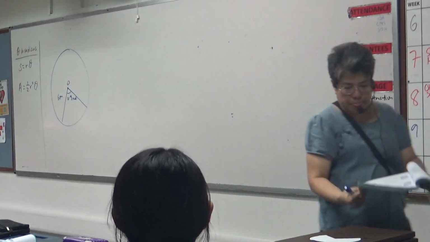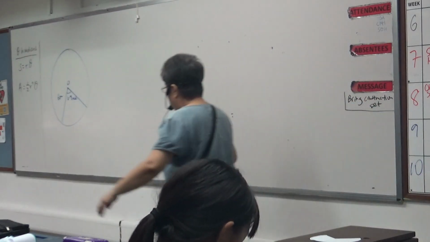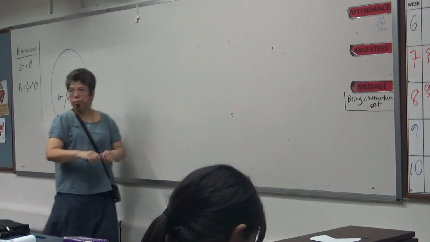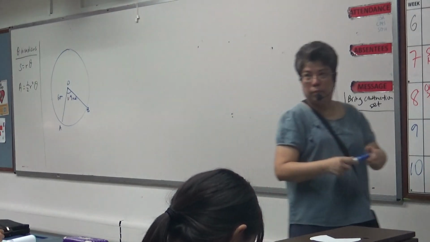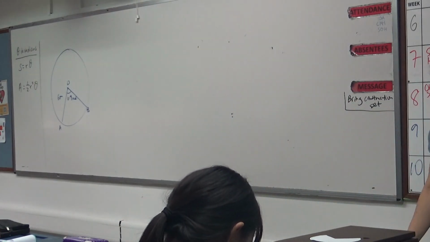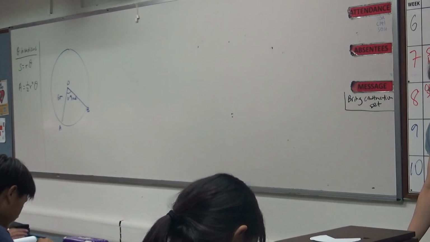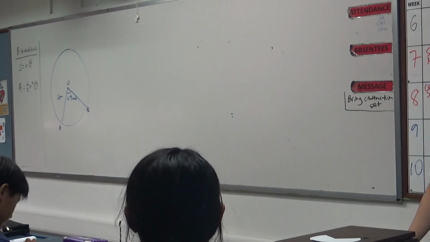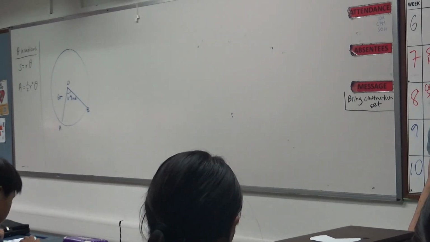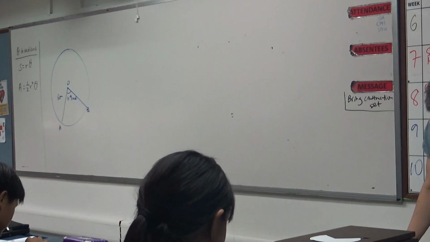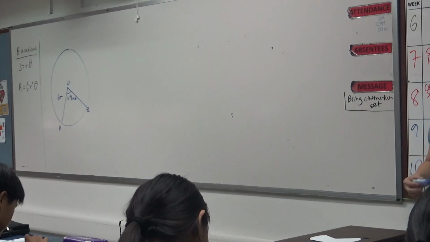Okay, now then they tell you is OAB. The question says, A and B lie on a circle with center O and radius 6 cm. Given that angle AOB is 0.9 radians, find the area of the minor sector.